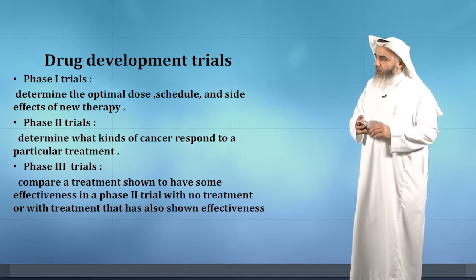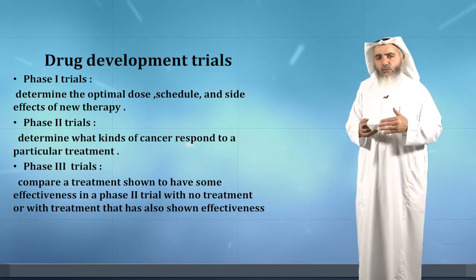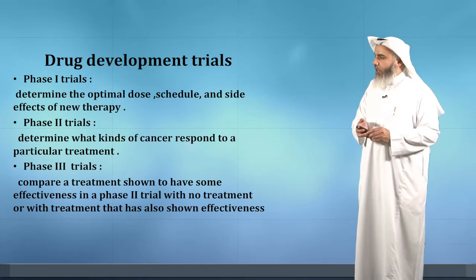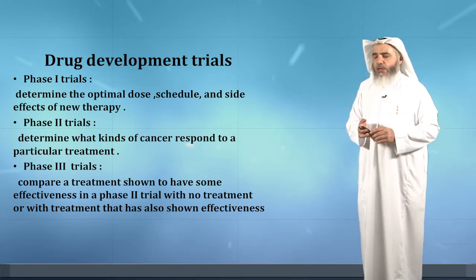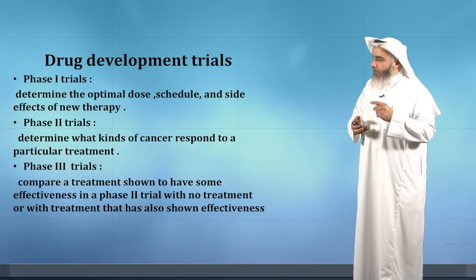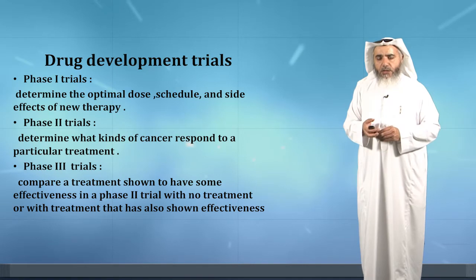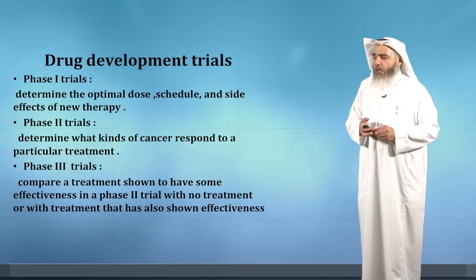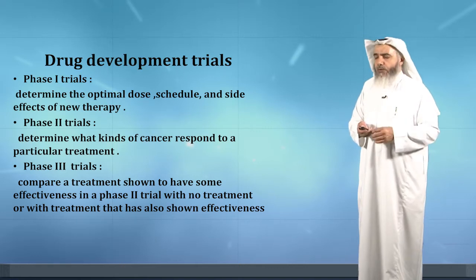And once they finish that one and they know which cancer responds to the treatment, they move to phase 3 clinical trial, where they compare the new medicine to the standard medicine. So they compare X medicine, which is not yet tested in patients, to the standard care, which is known before.